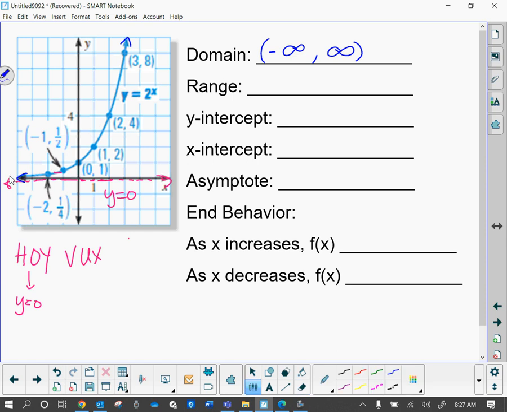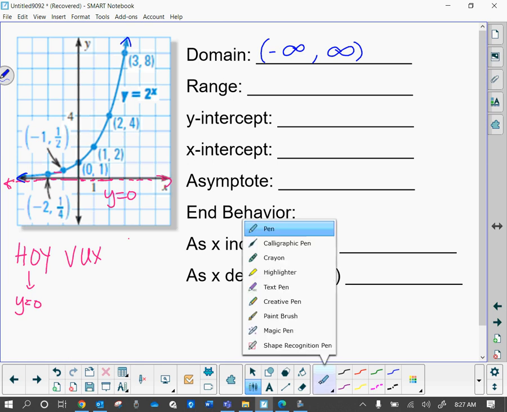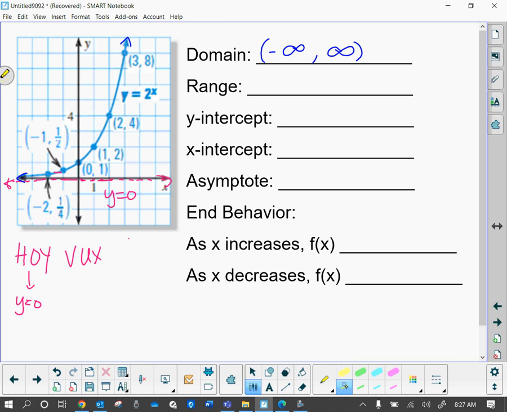Okay, the range. What does range represent? If domain is x values, what's range? Y values. So what are all of the potential y values? Well, they start at 0 and go up, right? Those are your potential y values.